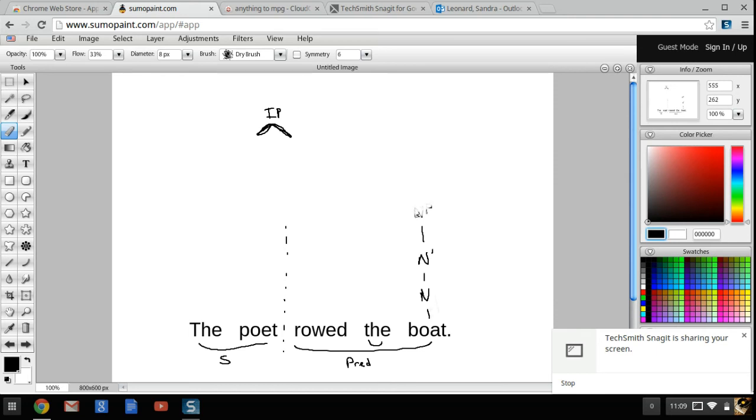Oh, my eraser is weak. So to make this full noun phrase, this determiner is part of it. There we go. There's the noun phrase. Here's the determiner.